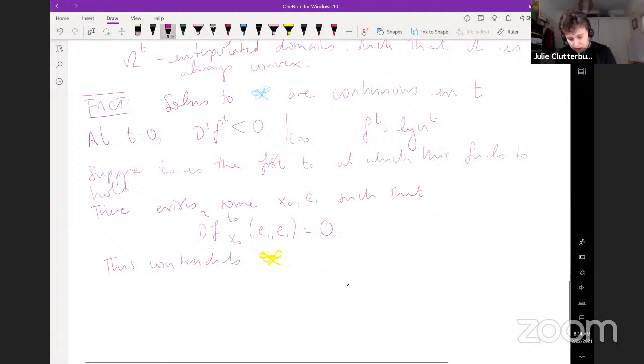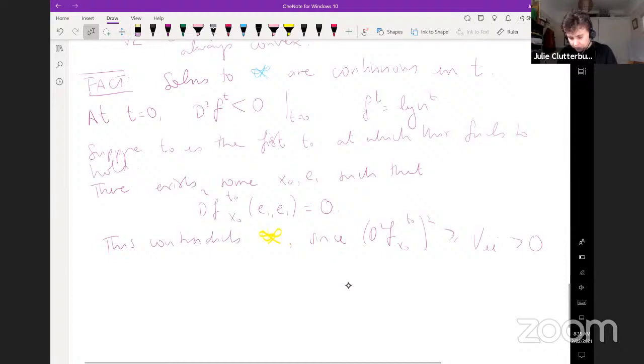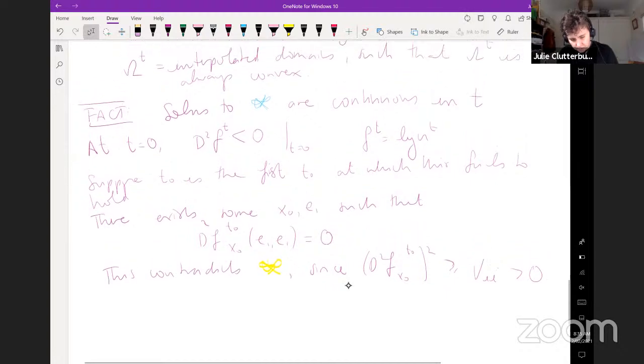Okay, so let me fix up a few loose points here. Let's suppose that T0 is less than 1.